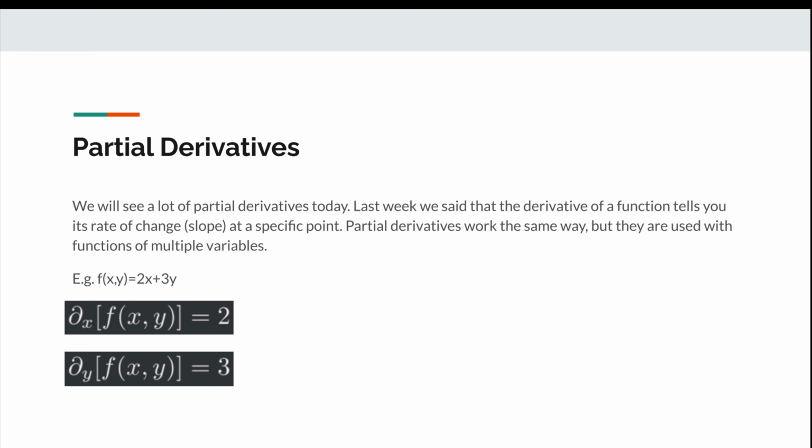So the partial derivative with respect to x of f of x comma y is just going to be 2. We ignore the y term, and just the slope of 2x is 2. And same process for the partial derivative with respect to y. We ignore the x term and we get 3. So basically whenever you see the partial derivative, it still means the same thing as a regular derivative, just rate of change.